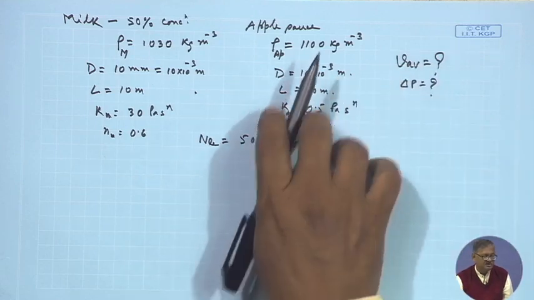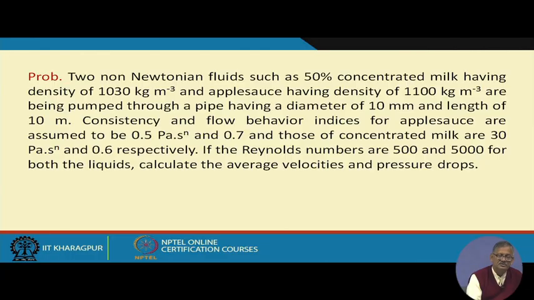So, if we read out again: two non-Newtonian fluids such as 50% concentrated milk, that is one non-Newtonian fluid having density of 1030 kg per meter cube, and applesauce having density of 1100 kg per meter cube, are being pumped through a pipe having a diameter of 10 millimeter and length of 10 meter.